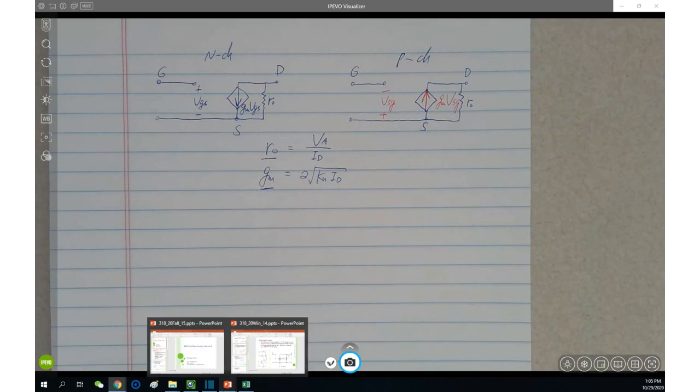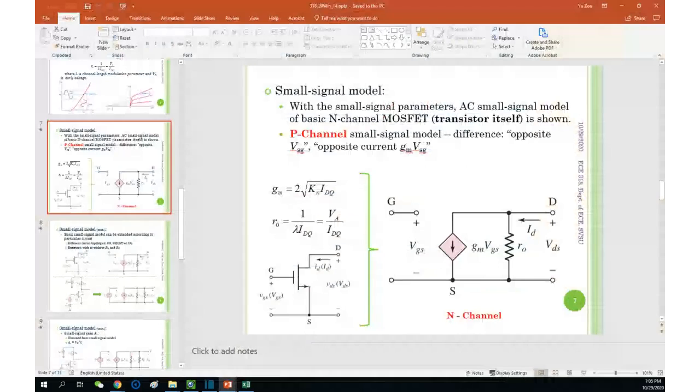So as I said, you want to print this particular slide as one of your handouts to be used during the exam, because you really need it. And make sure that you label the P channel on the same page, together with the N channel. You put them together. That's the easiest way for you to differentiate them.